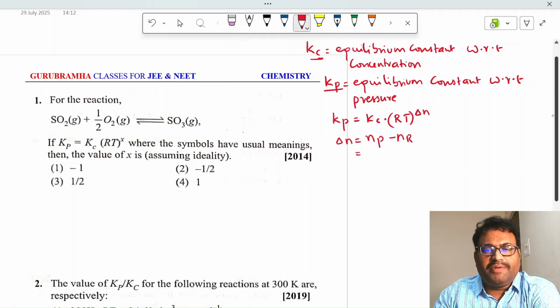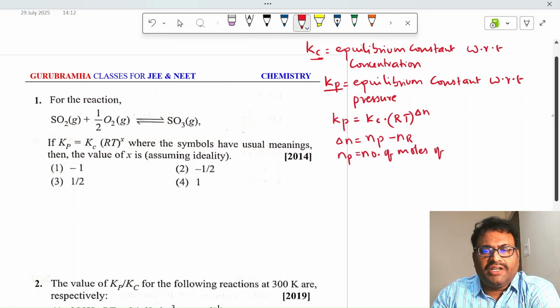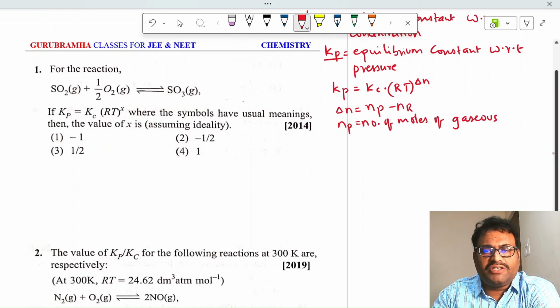So what is Np? Np is equal to the number of moles of gaseous products only, products which are in gaseous states.